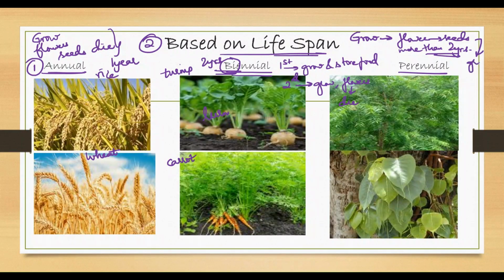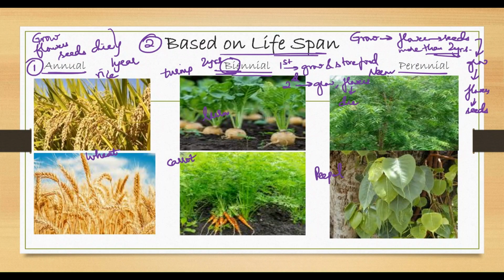Again, the plant grows, produces flowers, seeds are produced, and the process continues. Is it clear? So, here the plants can survive up to a number of years, around 200 years, 300 years. It varies from species to species. Example: neem, peepal, banyan.